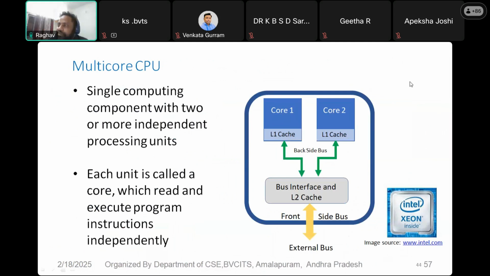And in case the multiple cores are to be executed, each of the cores has to coordinate themselves. Of course, the L2 cache would be used. The L2 cache would become a common cache, and there is some synchronization mechanism that will come between the execution of core 1 and core 2, apart from their SIMD instruction set.